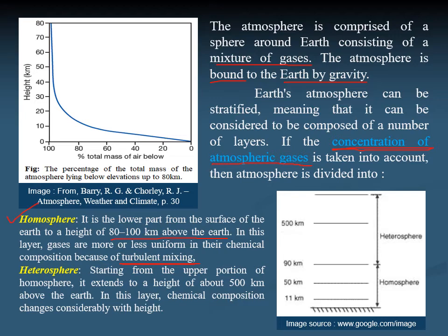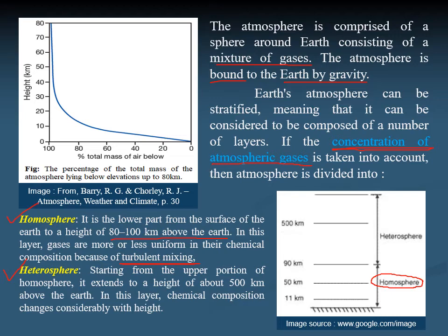So this layer is known as heterosphere. The entire 500 kilometers is now divided into two parts. One is the homosphere, the portion from Earth's surface up to a height of about 80 to 100 kilometers, and beyond this the proportion of gases varies, and that layer is known as heterosphere.